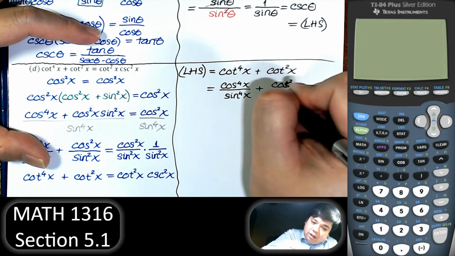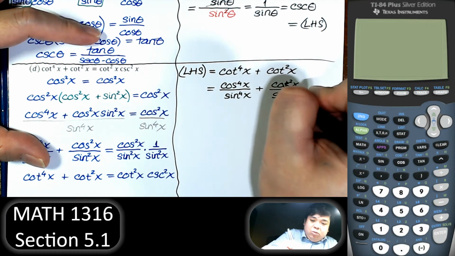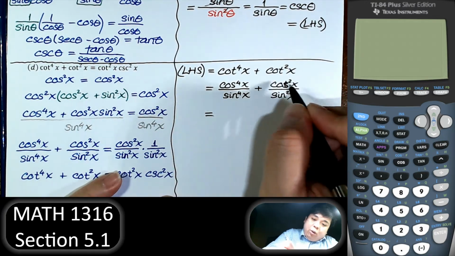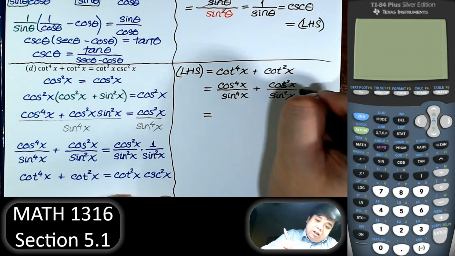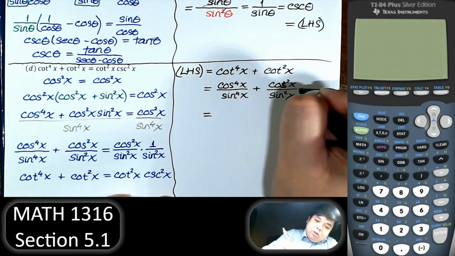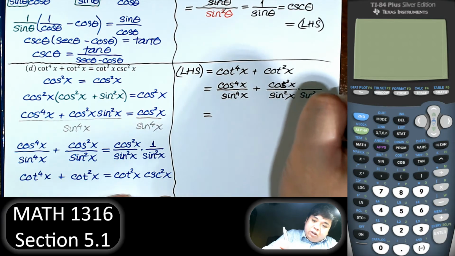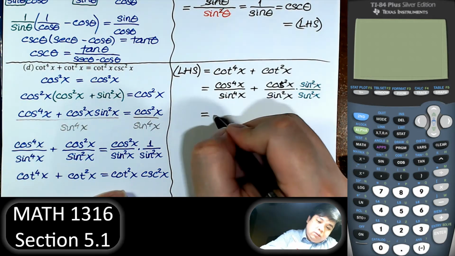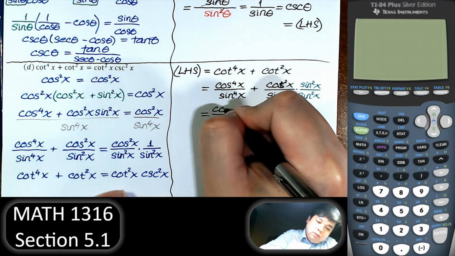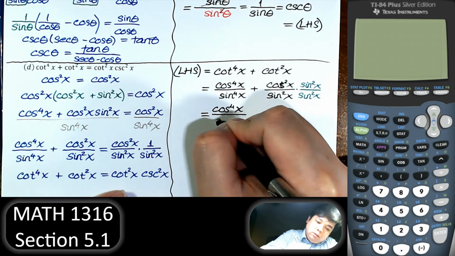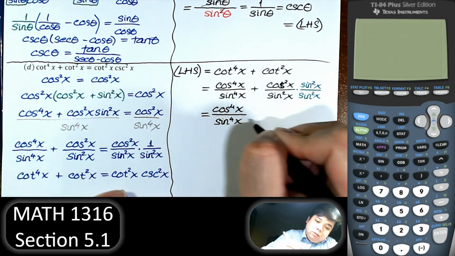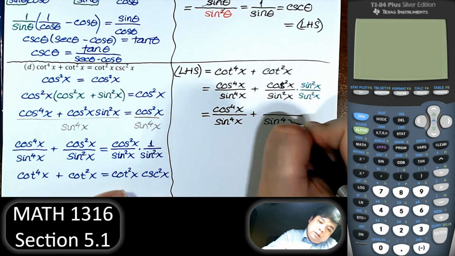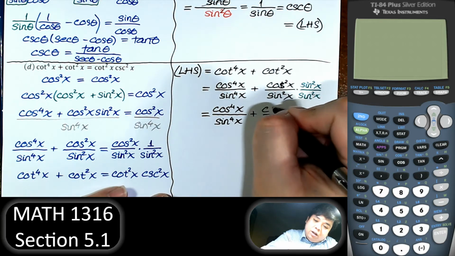Yeah, so write everything in terms of sine and cosine. Next, I'll do the common denominator of sine square and sine to the fourth. So in that case, we multiply sine square on the top, and sine to the fourth power. Cosine square times sine square.